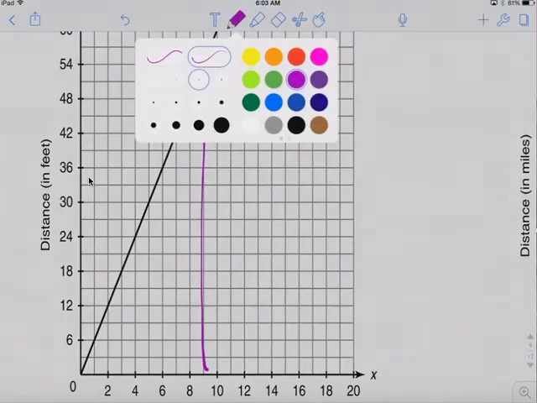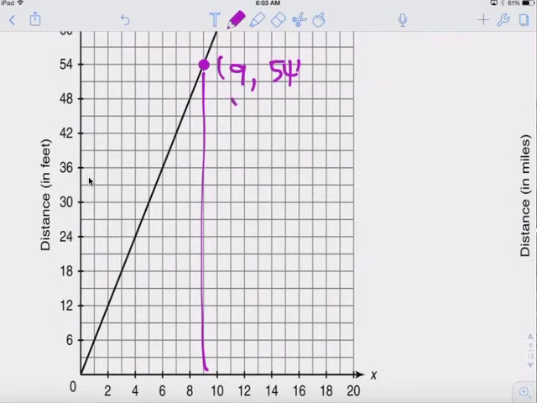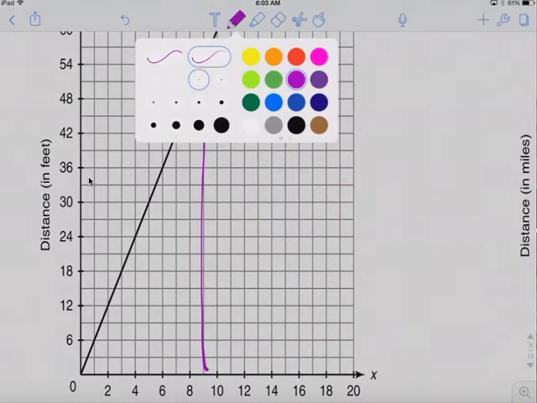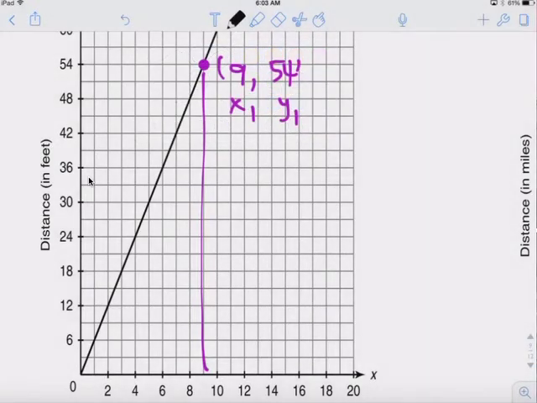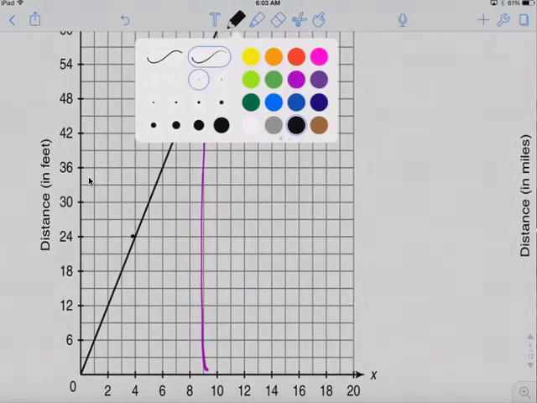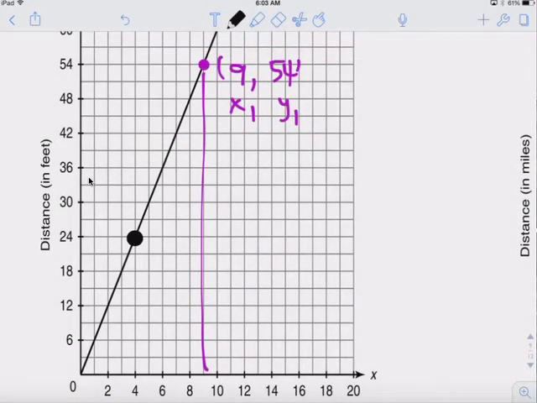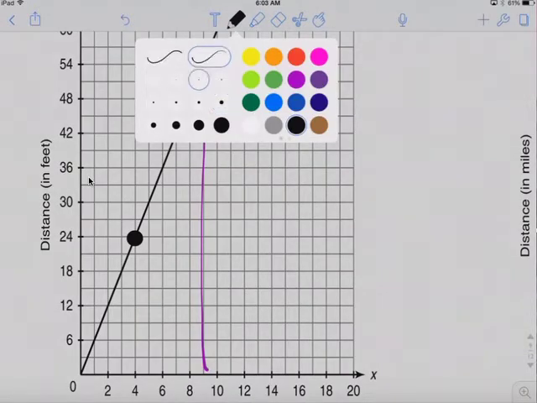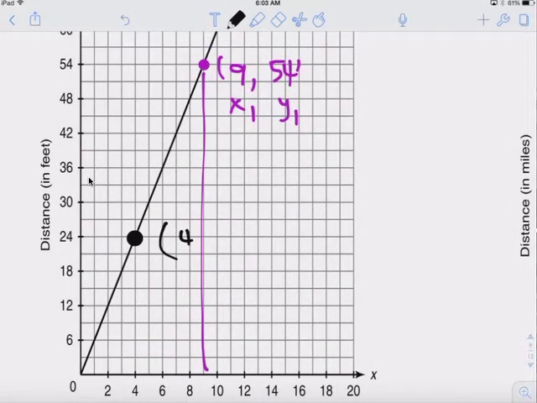We call this, because it's our first point, x1, y1. Our next point, let's say right here. That is 4 and 24. We call this x2, y2.